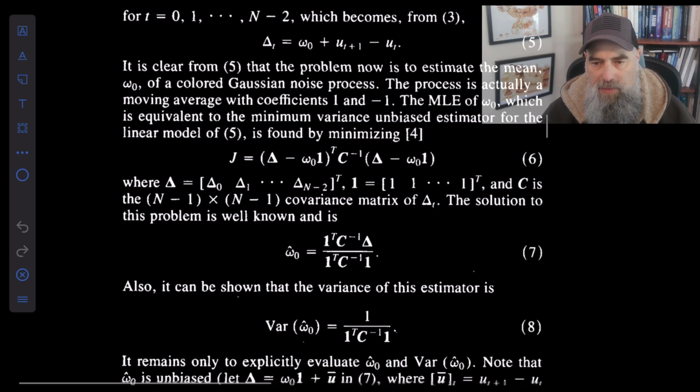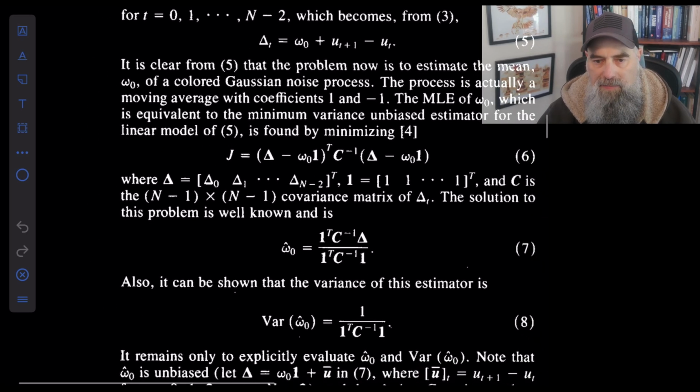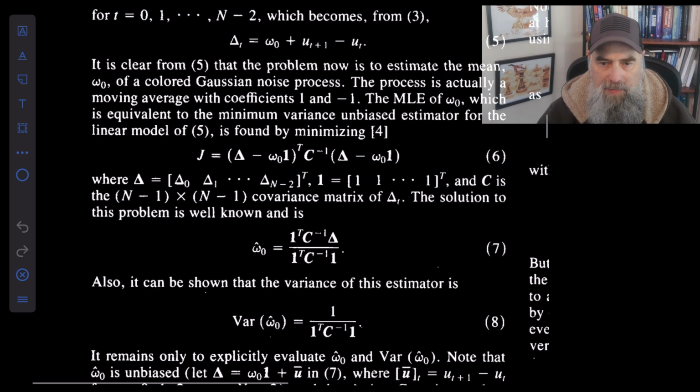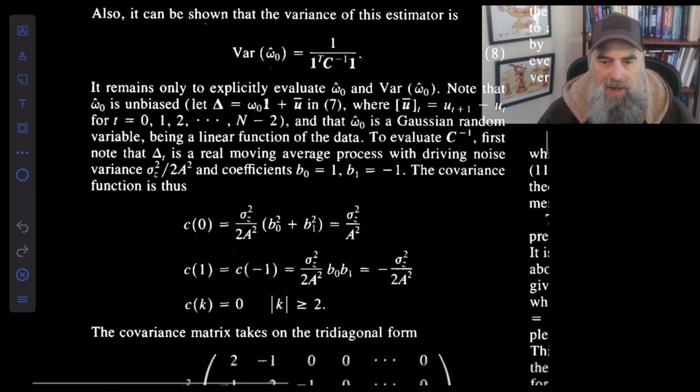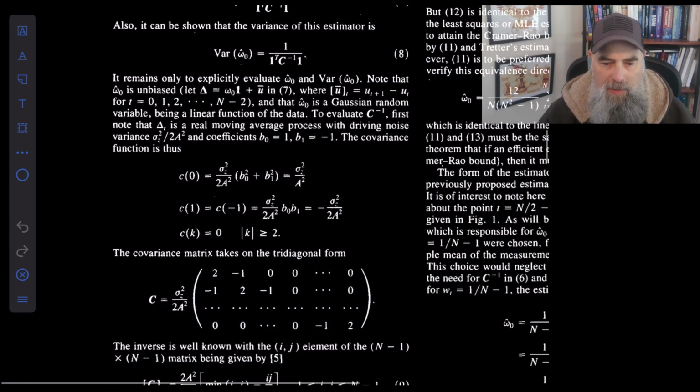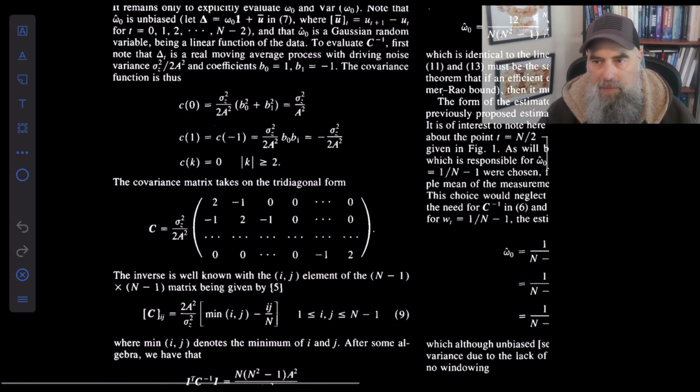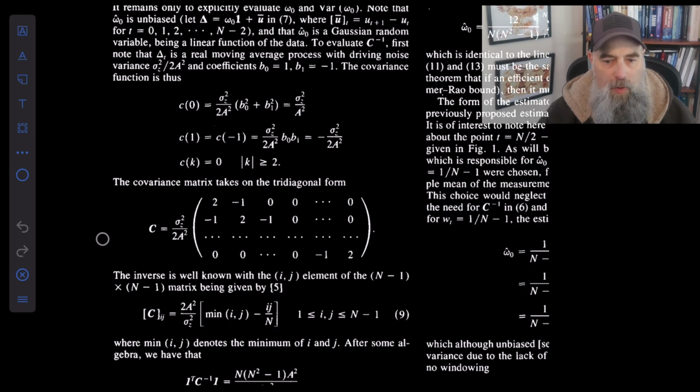This is the least squares formulation for this problem, and he goes ahead and he takes this, or calculates this matrix, the covariance matrix C, for this colored Gaussian process. He inverts it, and now we will have a closed form type formula, if you will, or expression for the estimator.